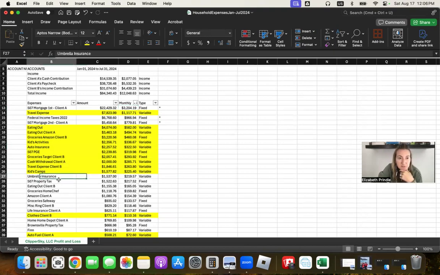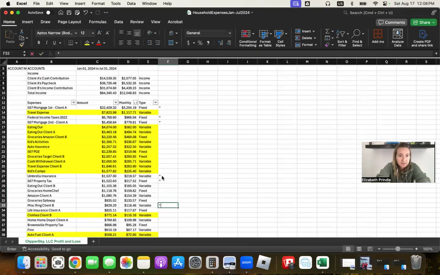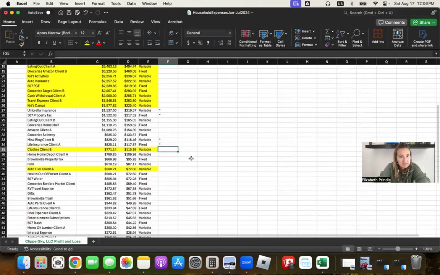So I'm going to get the actual annual totals, divide them by 12 and put them in for things like their umbrella coverage, their mortgages. Income tax is going to come from the tax return. You can just do that. Property tax is going to come from property tax. Life insurance is fixed because they took my advice about that.